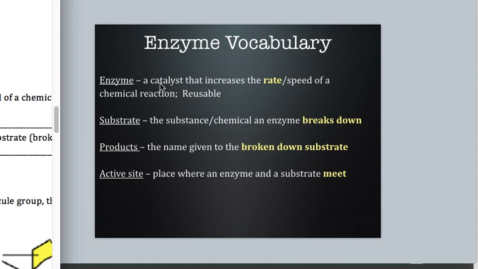So an enzyme or catalyst increases the rate of a chemical reaction. Rate, the common term for that is speed. But in biology, we will use the word rate. So this means that enzymes make chemical reactions happen faster.